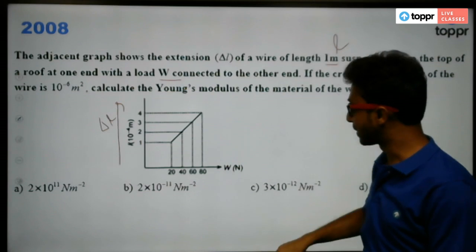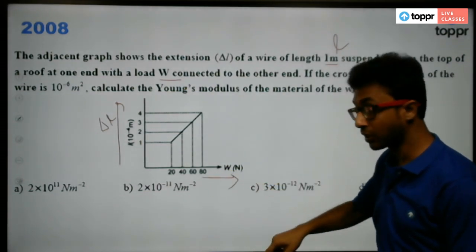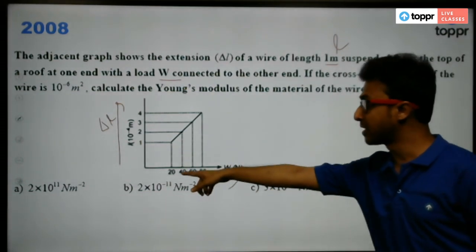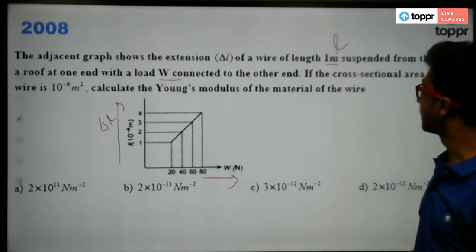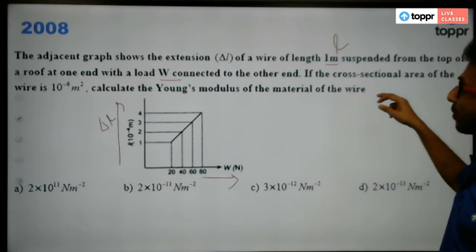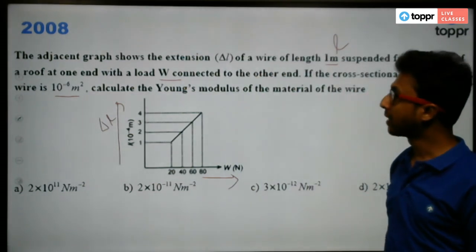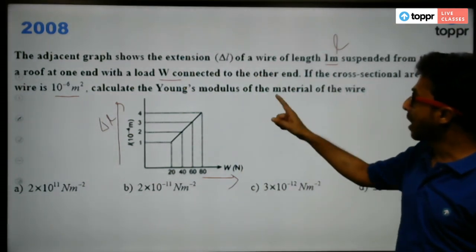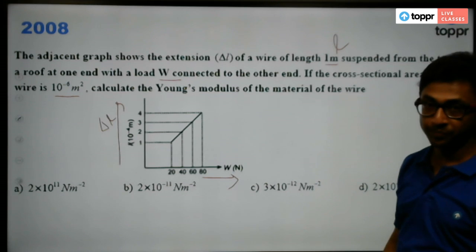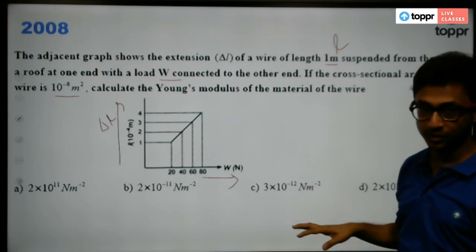See, this is load W which is given. So the load W is not constant, but it is varying. If the cross-sectional area of the wire is 10 to the power minus 6 meters squared, calculate the Young's modulus of the material. So here we are actually finding out the Young's modulus.